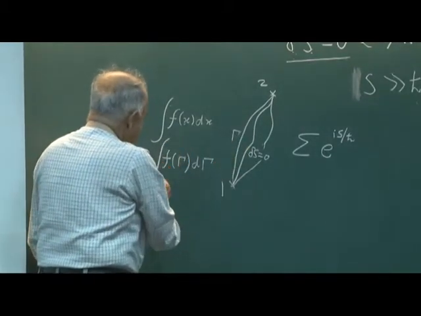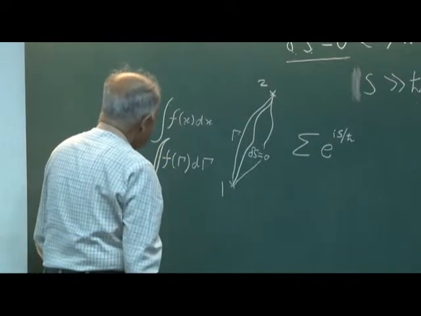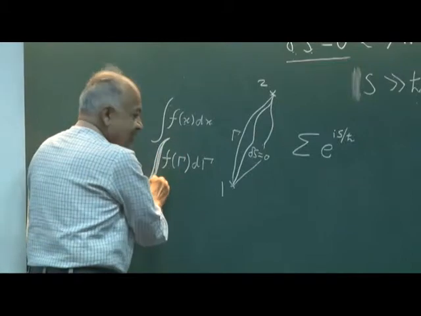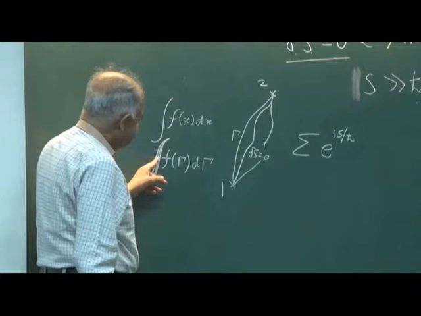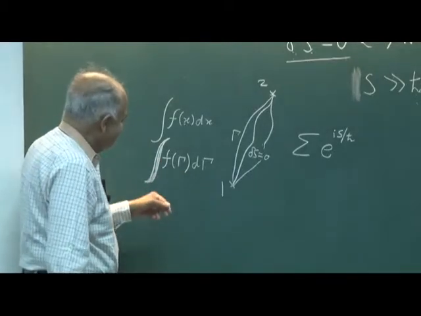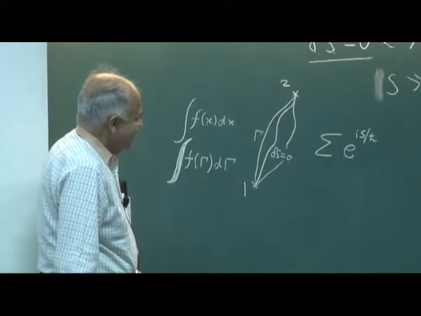And to indicate that this is not an ordinary integral, Feynman used this notation of a thick integral, the fat integral, because it combines a lot of paths in one. So, a lot of points in one. So, you have therefore this situation.